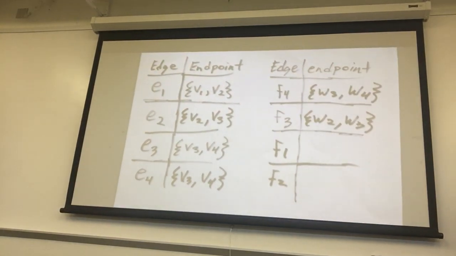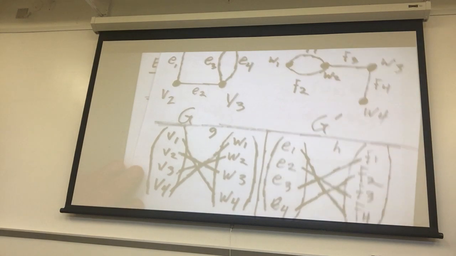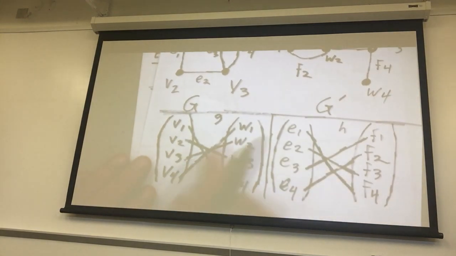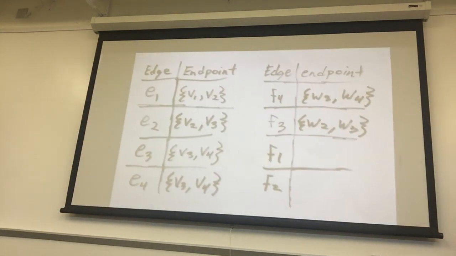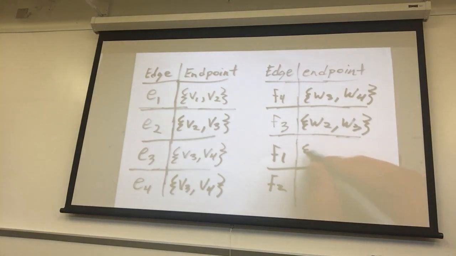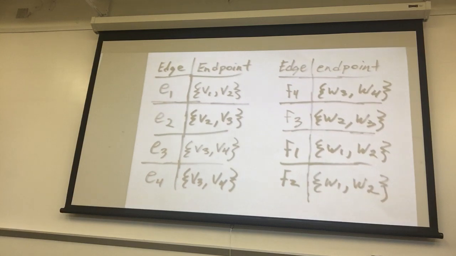So edge 3 and edge 4 are going to correspond with F1 and F2, and so we're going to have V3 and V4. Because of the mapping that we did, V3 and V4 get mapped onto W1 and W2.